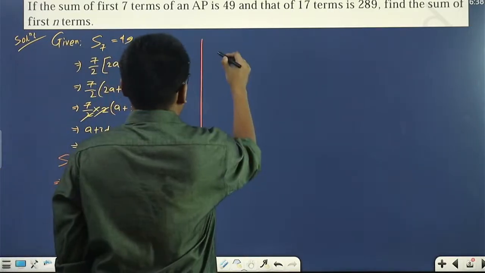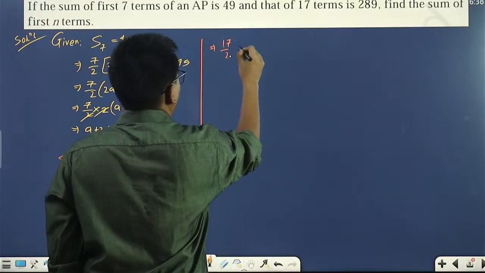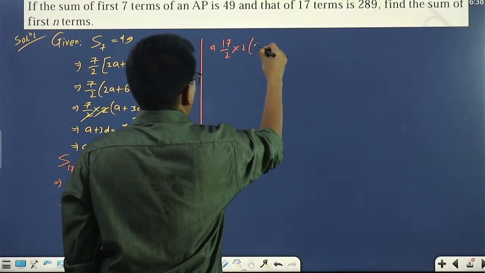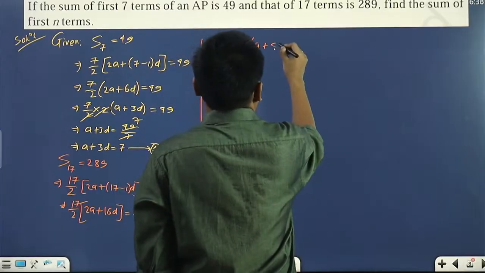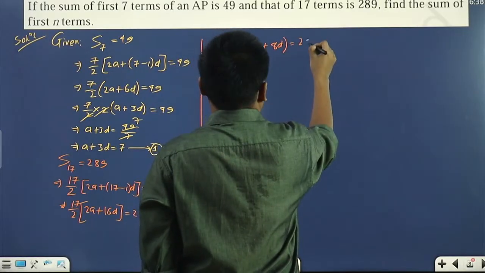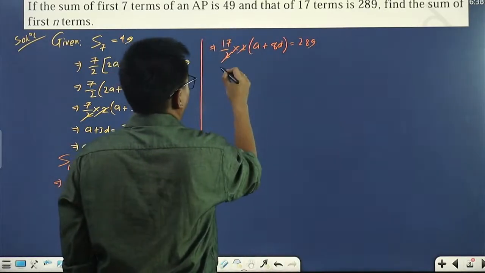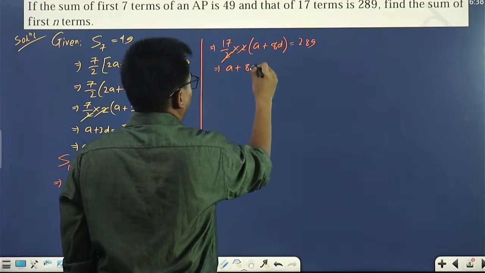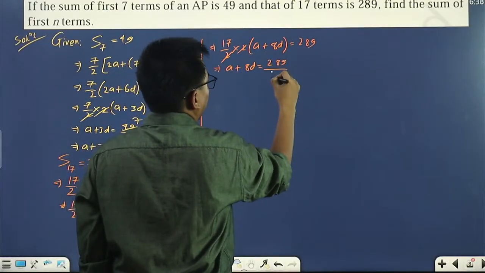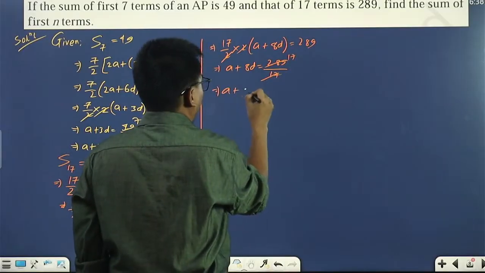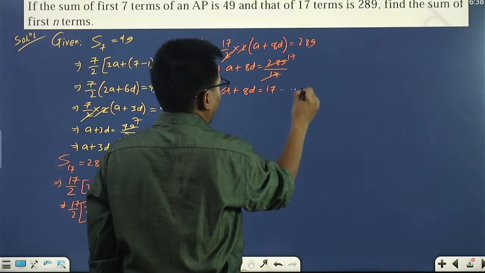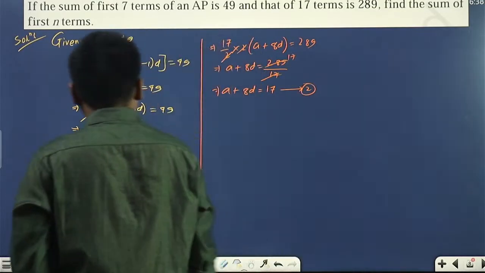Then in 17 by 2 we'll take 2 outside, and we'll get a plus 8d inside the bracket. This 2 and 2 will cancel each other. A plus 8d is equal to 289 by 17. 17 square is 289, so 17 into 17. So a plus 8d equals 17. This will be equation number 2.